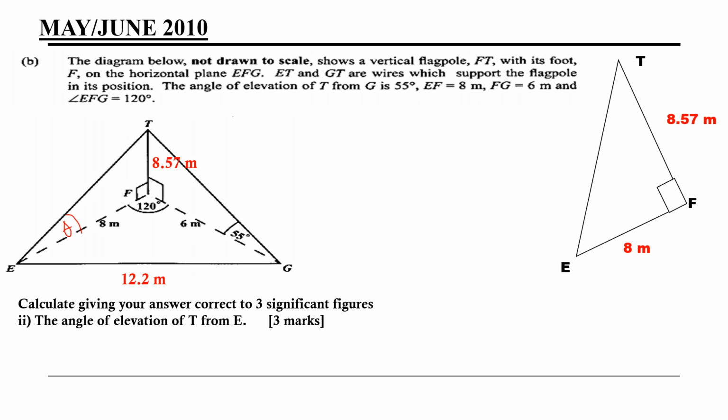The only two formulas we can use are the trig ratios and Pythagoras theorem. It can't be Pythagoras theorem because we're trying to find an angle here at E. So it's a trig ratio.